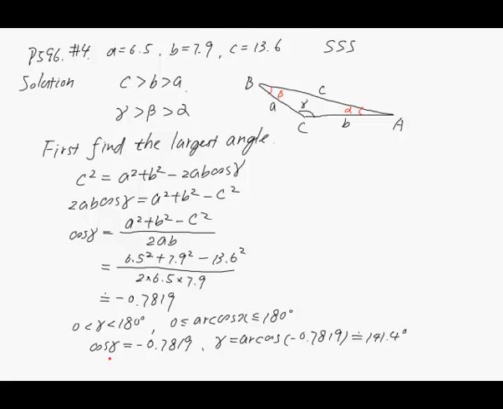And from the law of sines, okay, let me move to the next page. We have sine beta over b equal to sine gamma over c.